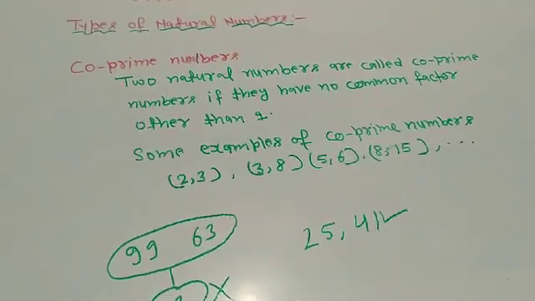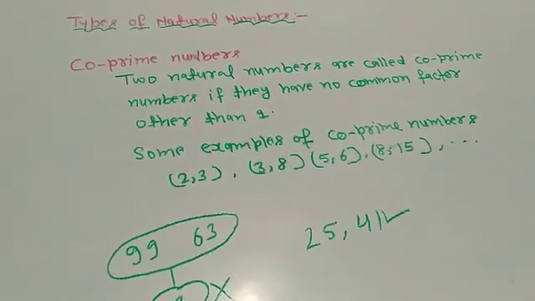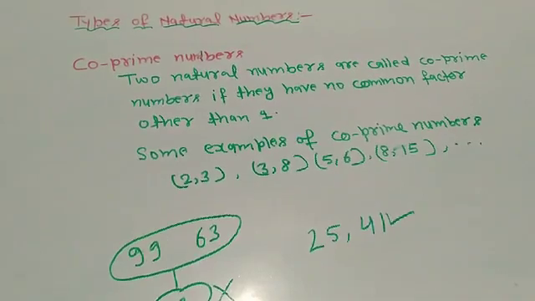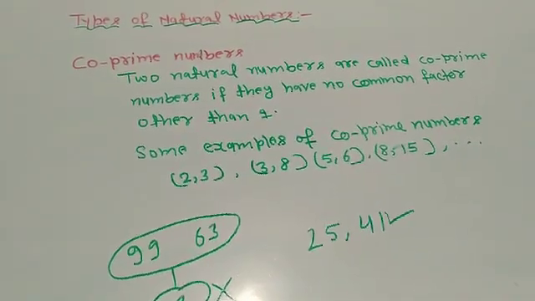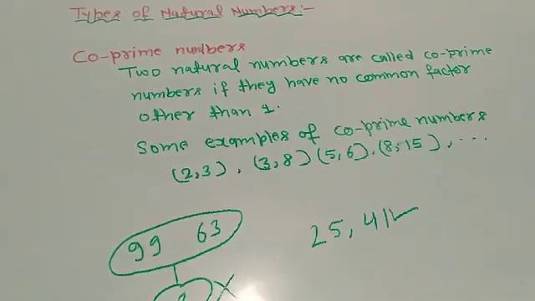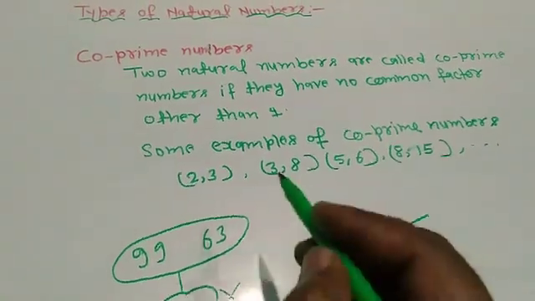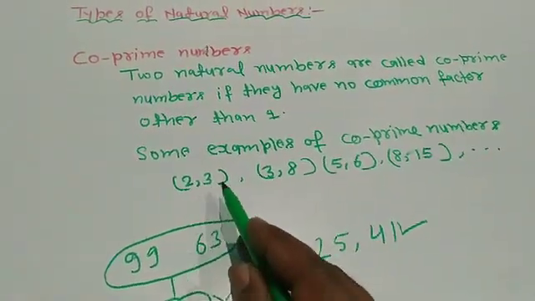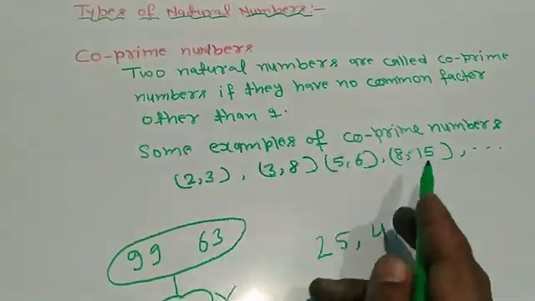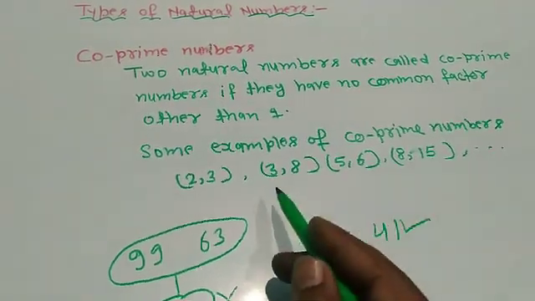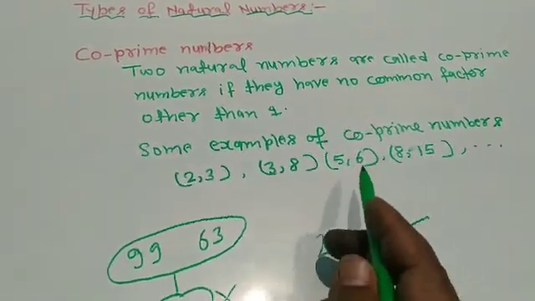So co-prime numbers: two natural numbers are called co-prime numbers if they have no common factor other than 1. These given numbers are co-prime because they have no common factor other than 1.